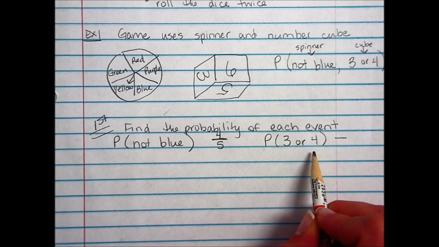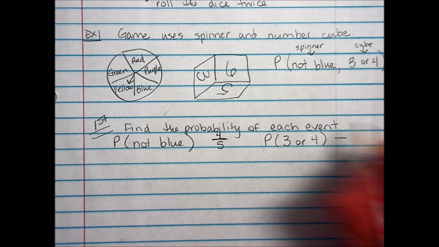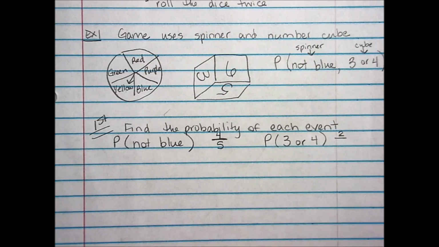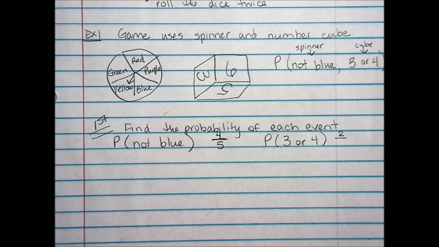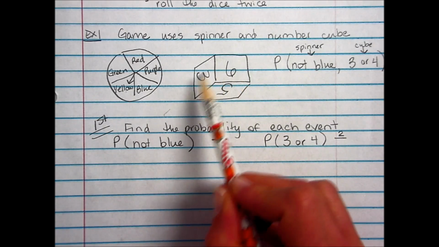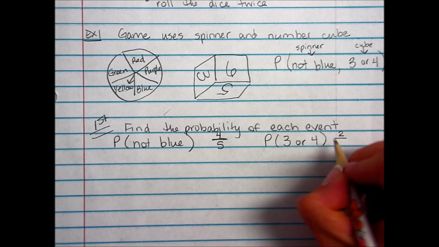And how many 4s are there? When you put those together, what do you get? So there's 2 favorable outcomes out of how many total outcomes on a number cube? 3. Well, that's what you see, but remember, a number cube is a cube. So how many total faces? 6. Out of total 6.